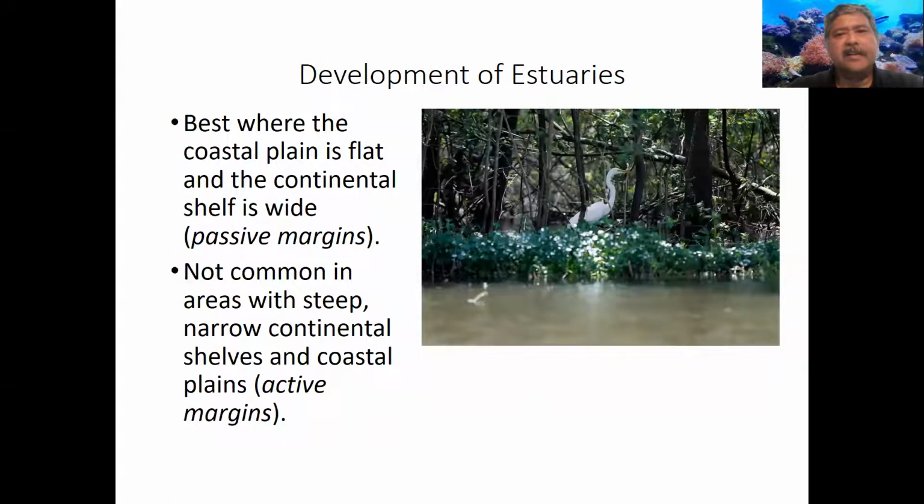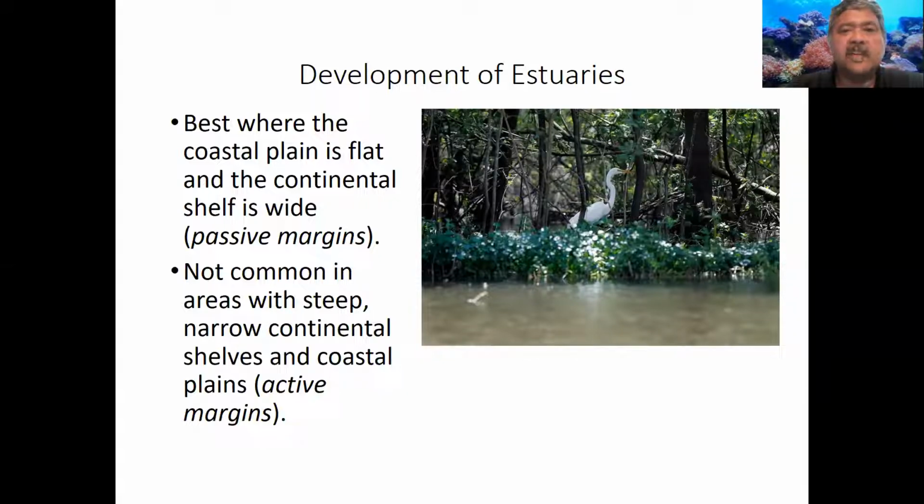All right, now estuaries don't happen just anywhere, but as you can see here, I wrote best where the coastal plain is flat and the continental shelf is wide. That's why you don't see a lot of them between Elkhorn Slough and Santa Barbara on the California coast, because the mountains come right up to the sea, like in Big Sur, and then underneath the ocean it drops off pretty quickly.